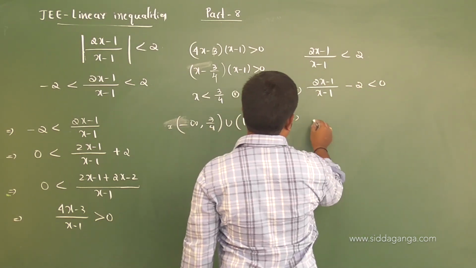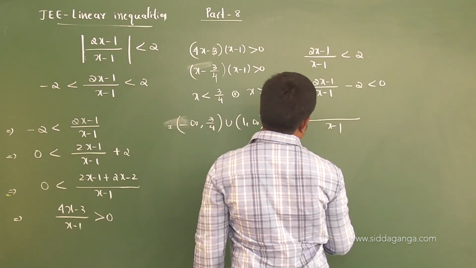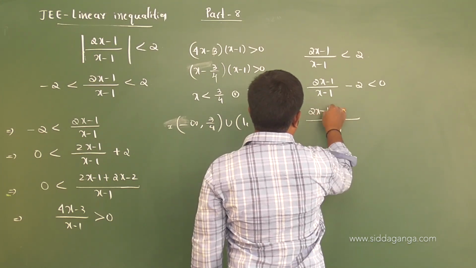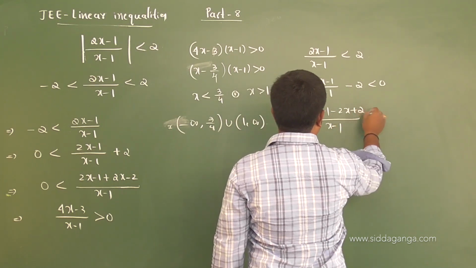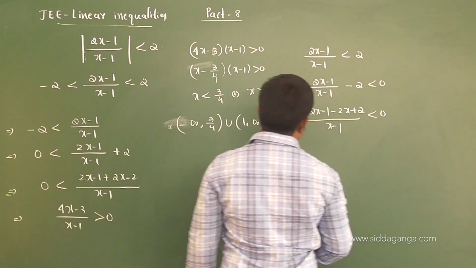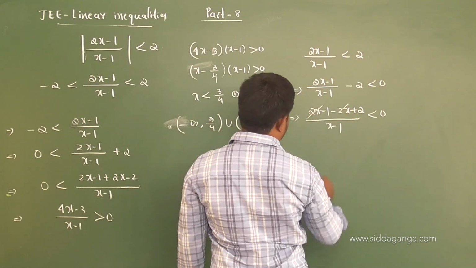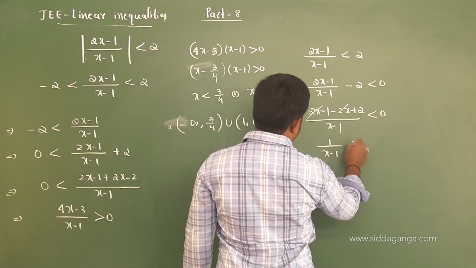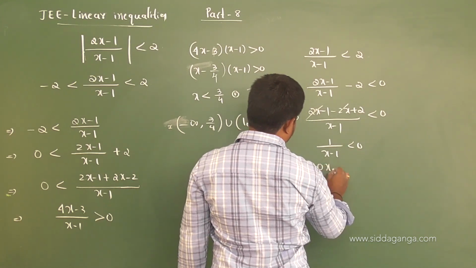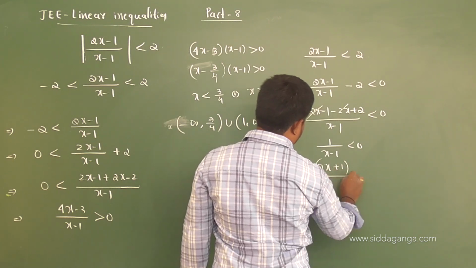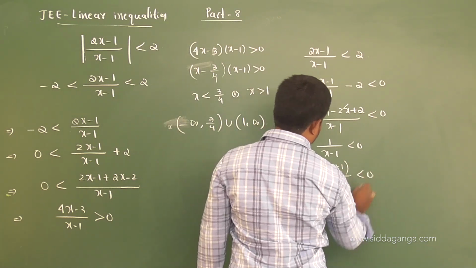This gives, again with LCM x minus 1, (2x minus 1 minus 2x plus 2) less than 0. So you get 1/(x minus 1) less than 0. So 1 I can write as 0 into x plus 1, over x minus 1, is less than 0.